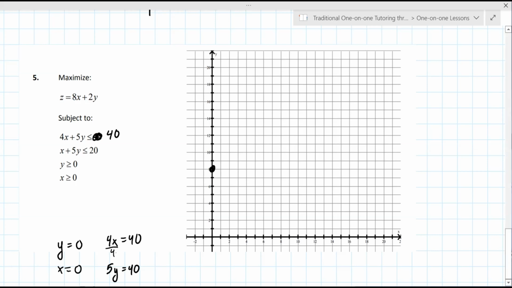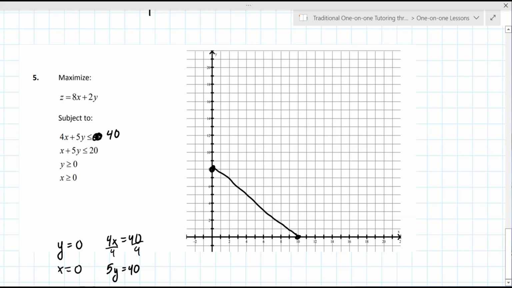Right, you're dividing both sides by 4. What does x equal? 10. Perfect. Okay. And so we connect these two dots with a line.